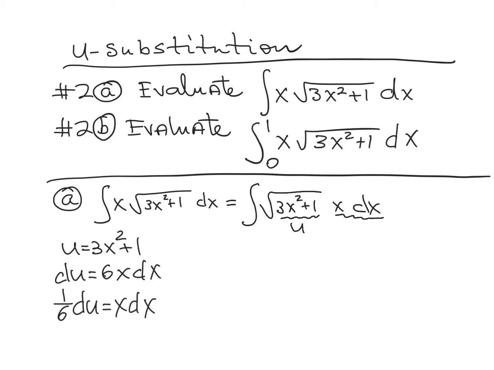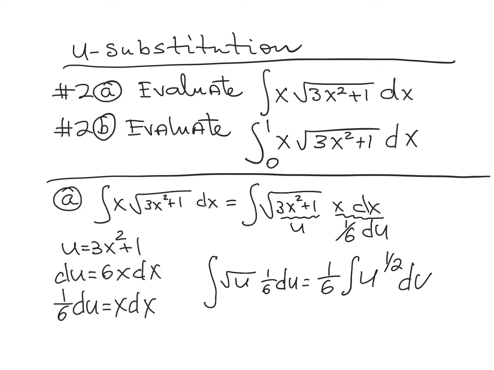Going back to the integral, there's our u, and x dx is 1/6 du. We're going to rewrite that as the integral of square root of u times 1/6 du, or 1/6 times the integral of u to the 1/2 du, which is a basic integral where we only use the power rule of antidifferentiation.